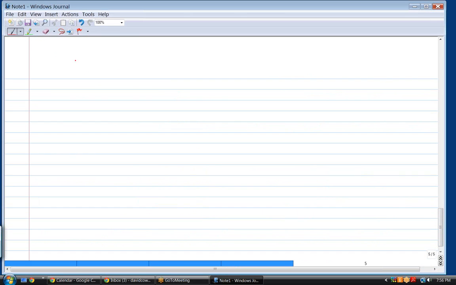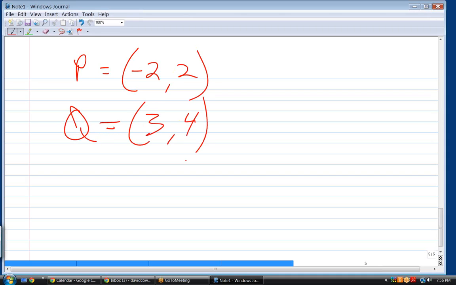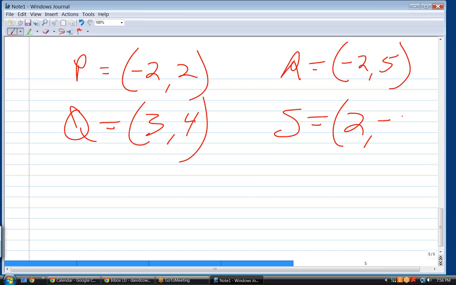All right, so what's the vector? It says P equals -2, 2. Q equals 3, 4. R equals -2, 5. And S equals 2, -8. And the first one is vector PQ.